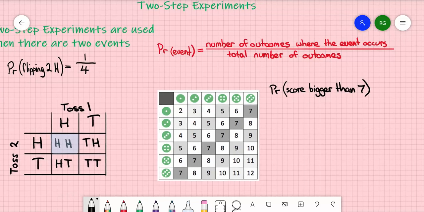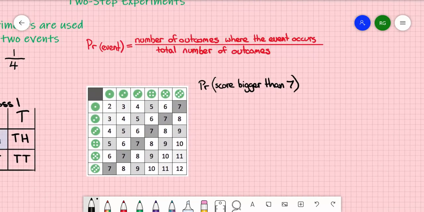So what is the probability of rolling a score bigger or larger than 7? So this is our two-way table. So this is dice 1, dice 2. So if you roll a 1 and a 1, you get a 2, and a 1 and a 2, you get a 3, and so on. I think you might get the general idea.